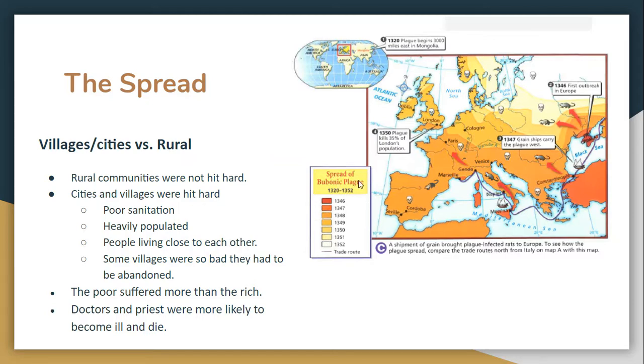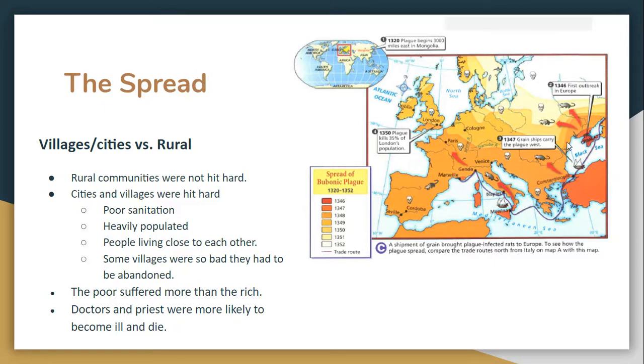Okay, and we have a little map key right here. It says the spread of the bubonic plague, and you have different color rectangles, which symbolize the years the plague actually reached certain areas in Europe. So if we look here at number two, it's this bright orange right here. And so in 1346, this plague actually reached Crimea, and the plague actually spread from there.